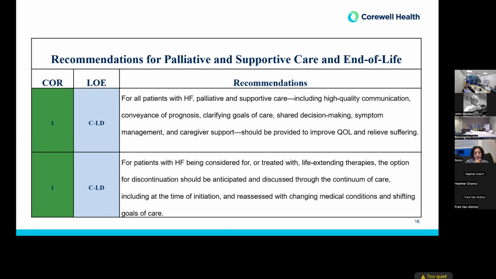Also true with patients with heart failure that are being considered for life-extending therapies, or anytime anything is going to be discontinued, an ICD or anything of that sort. Again, this is the level of recommendation, and you can see how this is very impactful.